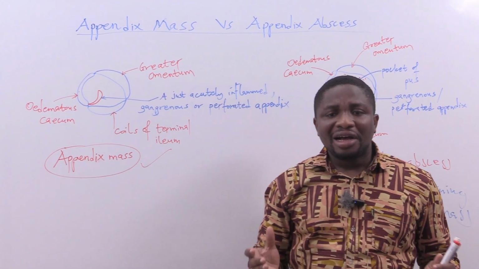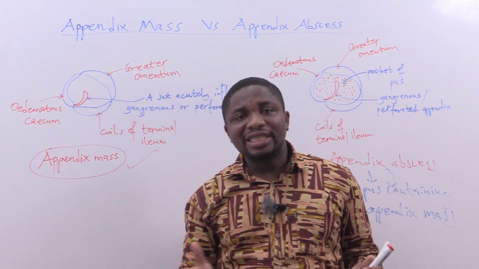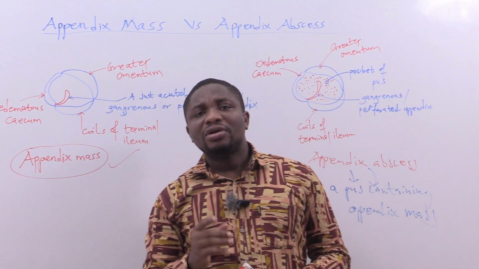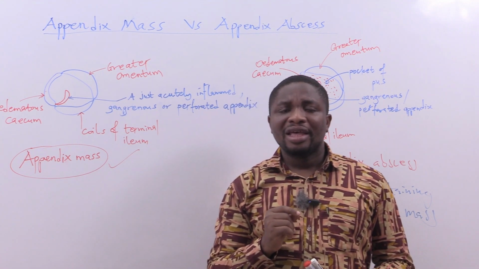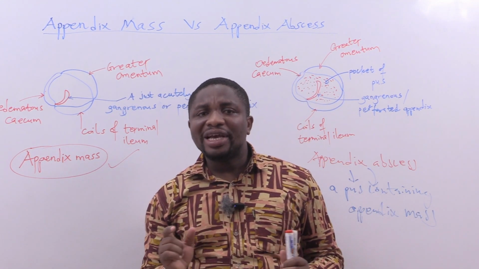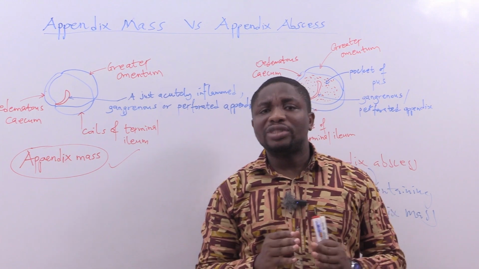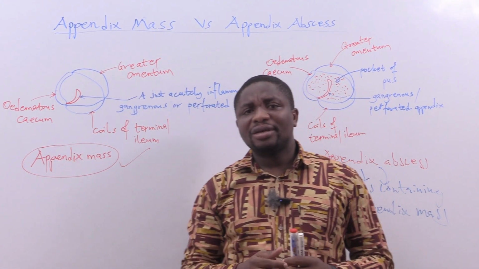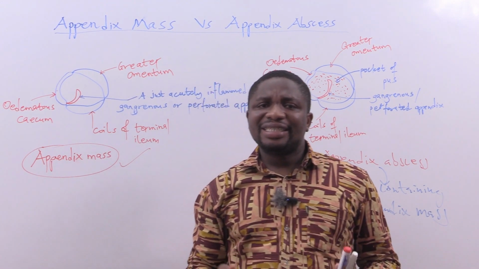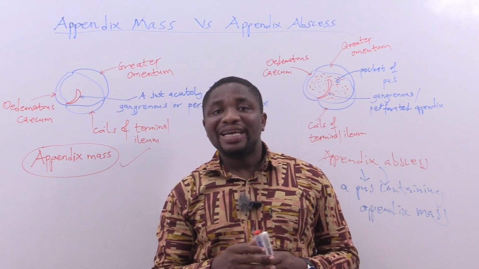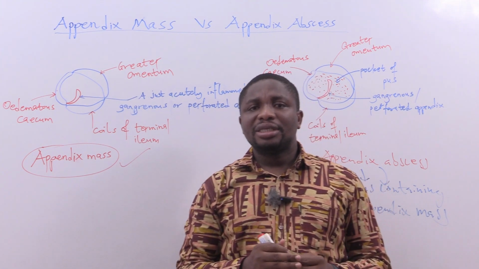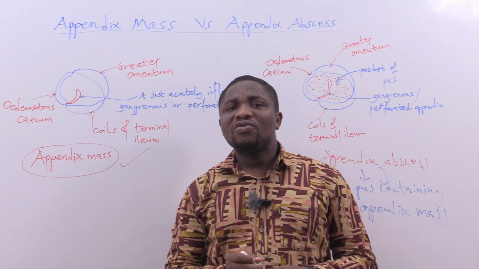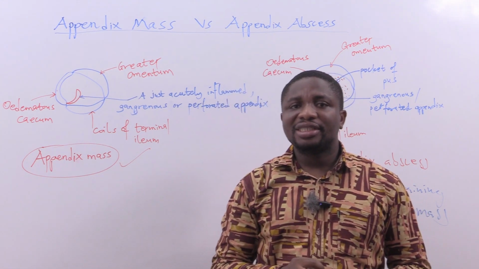Both will occur in communities or areas where there is undue delay in seeking medical care, and they usually complicate an appendicectomy. Also, appendix mass or abscess is usually seen in patients over the age of 40 years.